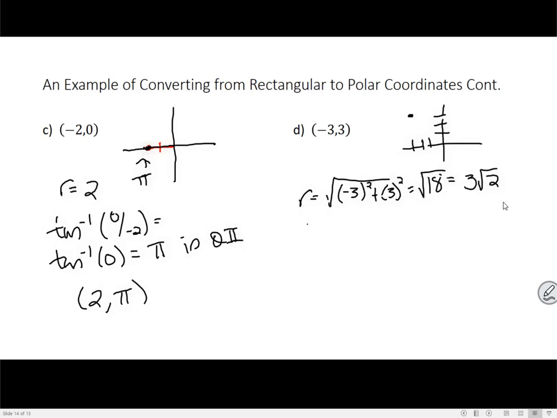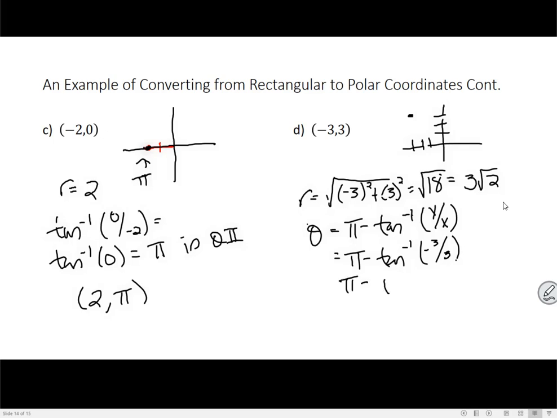Since we are in quadrant 2, we need to use theta equals pi minus tangent inverse of y over x. To simplify that a little bit, I get pi minus tangent inverse of 3 over -3, so pi minus tangent inverse of -1.